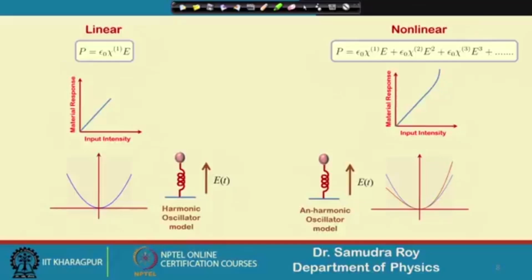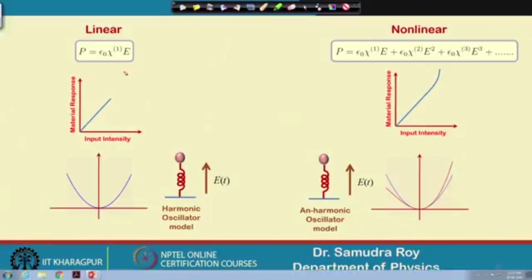So what is the meaning of nonlinearity in terms of optics? Let us try to study it in a simple way. So far we have been dealing with linear optics, and linear optics essentially has the expression P equals epsilon 0 chi E, where P is the polarization and E is the electric field.